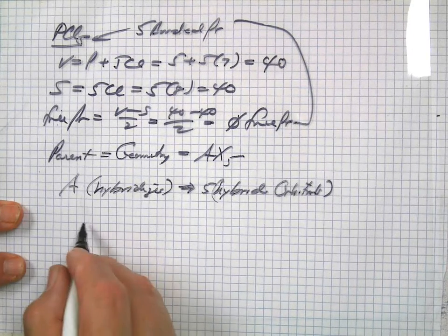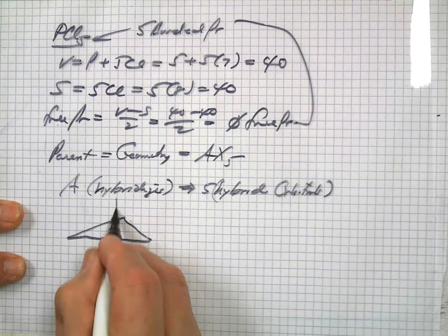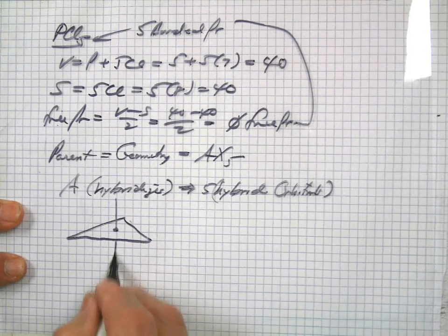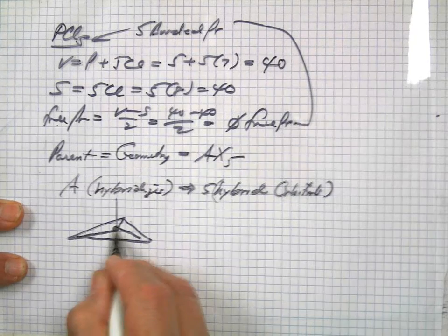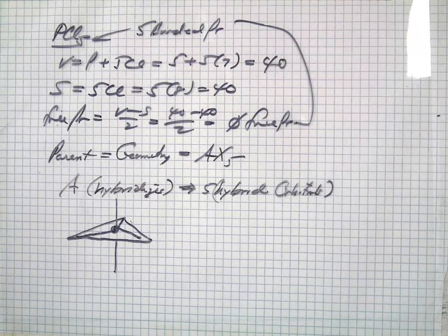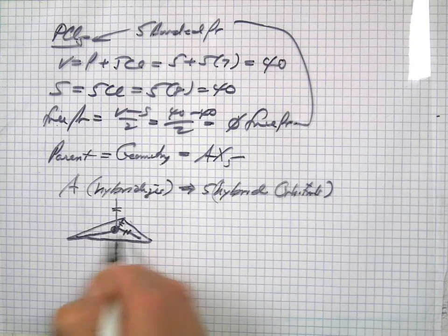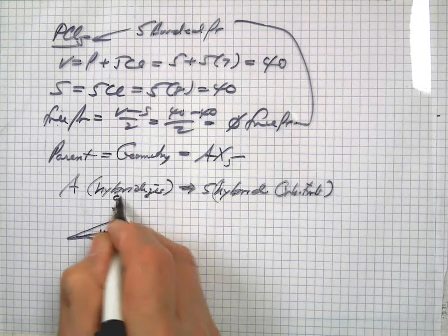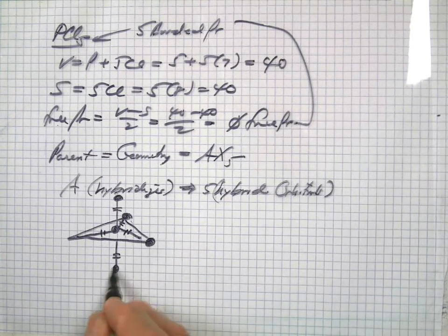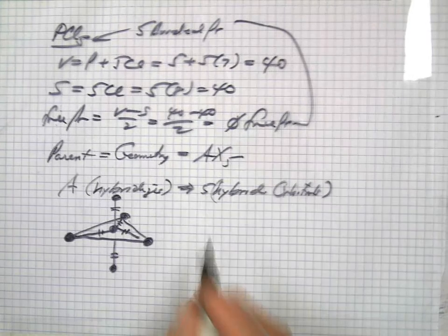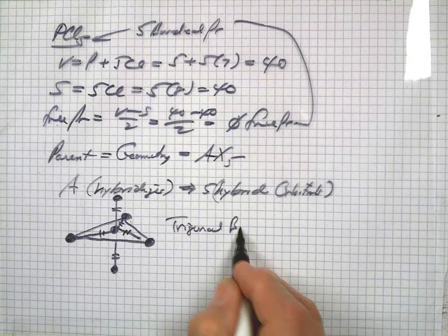But when you have this, draw your triangle, a vertical, another vertical, and these are your 5 hybrid bonds right here. Each one contains a pair of electrons, and your fluorides, or chlorides in this case, hook up here. And this is a bipyramid.